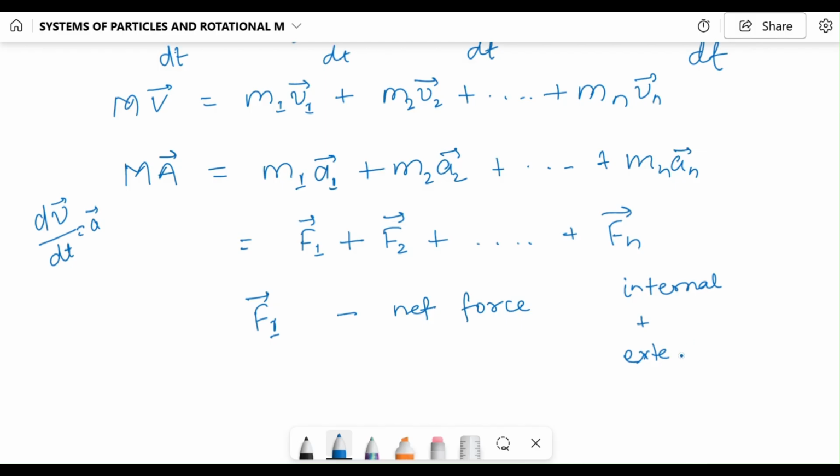And external forces are the forces exerted on this first particle due to some other factors which are outside of this system. So this is the net force acting on the first particle, and the same argument you can carry on for all these particles.